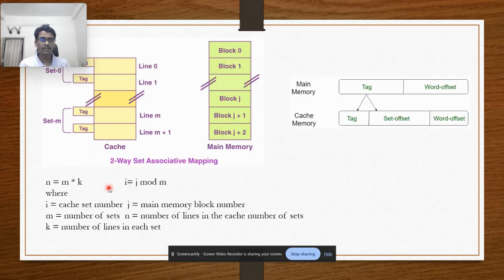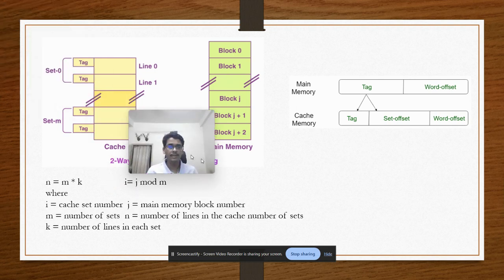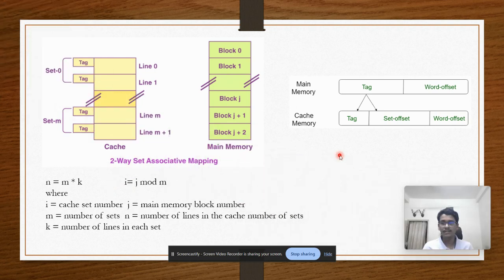Now let's have a look at the way mapping is done in set associative mapping using the example of two-way set associative mapping. The formula i = j mod m is used to calculate the set number in which the block would be stored in. The m represents the number of sets available while j represents the memory block number as found from the main memory.